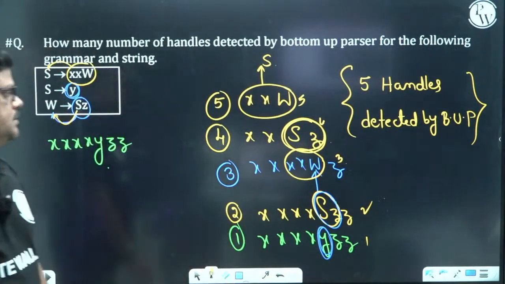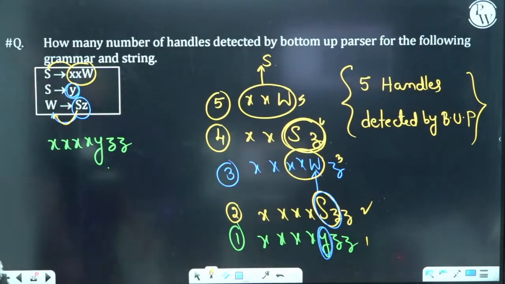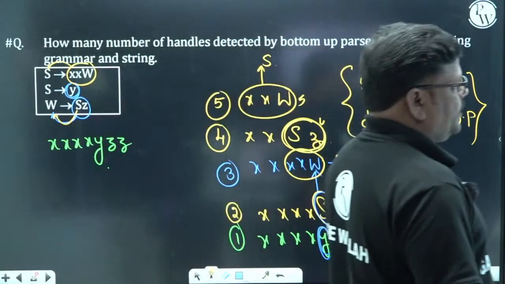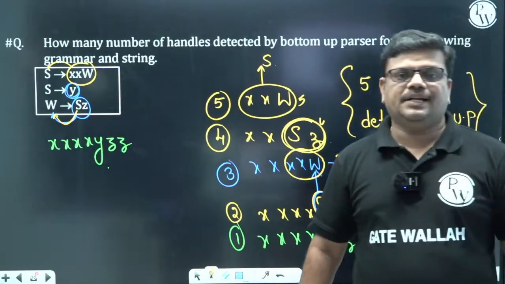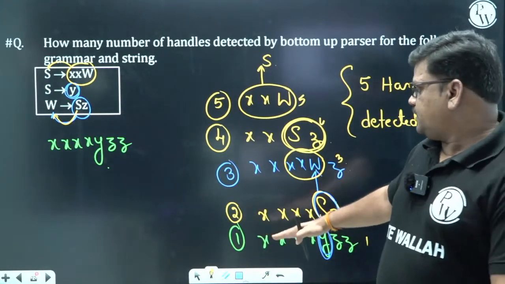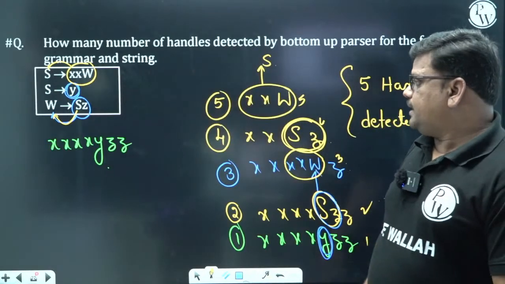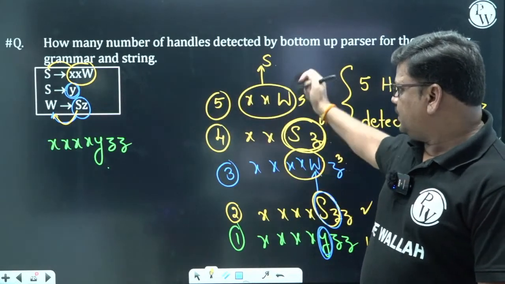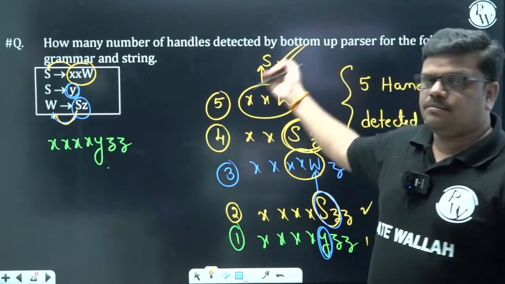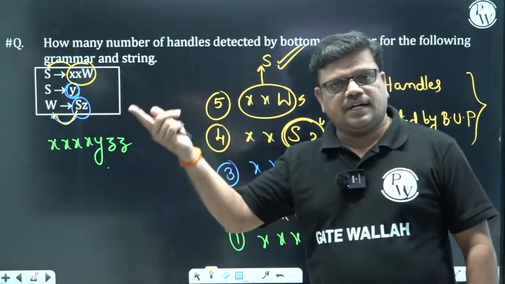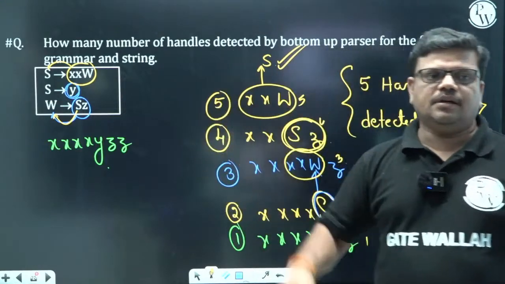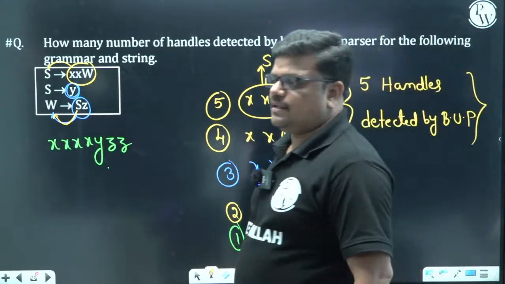Clear? So whenever we are doing bottom up parsing, the way of detecting handles is this way. The substring that matches the right side of the corresponding left hand side non-terminal, and this should finally give us the starting symbol. Whichever substrings produce the starting symbol are generally called handles.